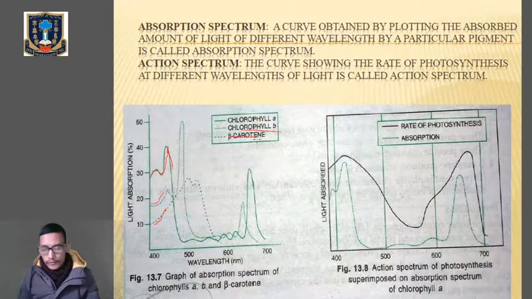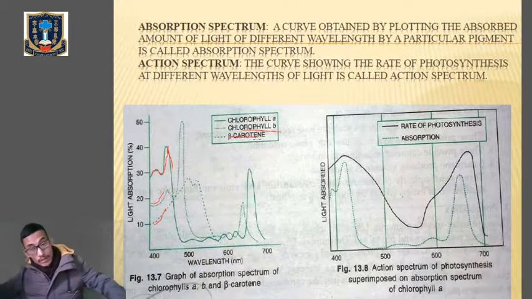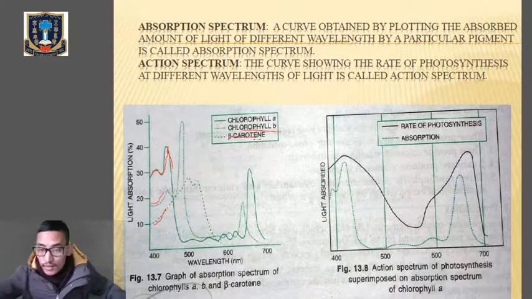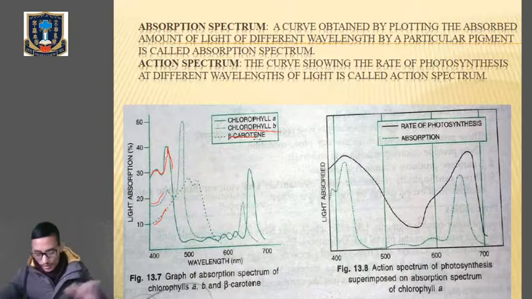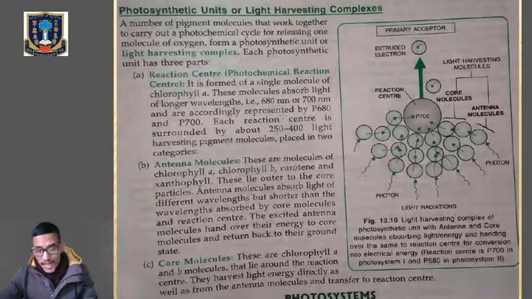So figure number 13.7 is the absorption spectrum of different pigments, whereas figure number 13.8 shows the action spectrum, the rate of photosynthesis at different wavelengths of light. I think the difference between absorption spectrum and action spectrum is clear for you.